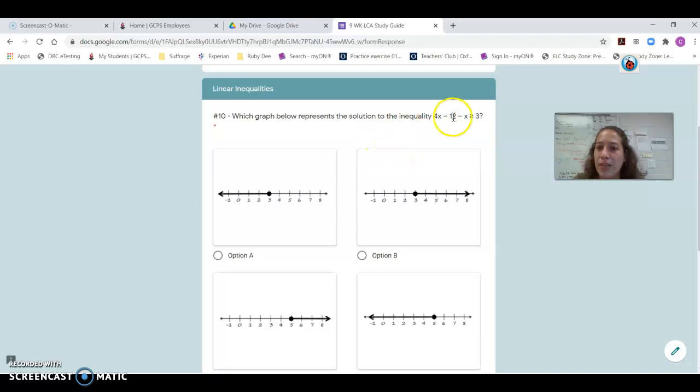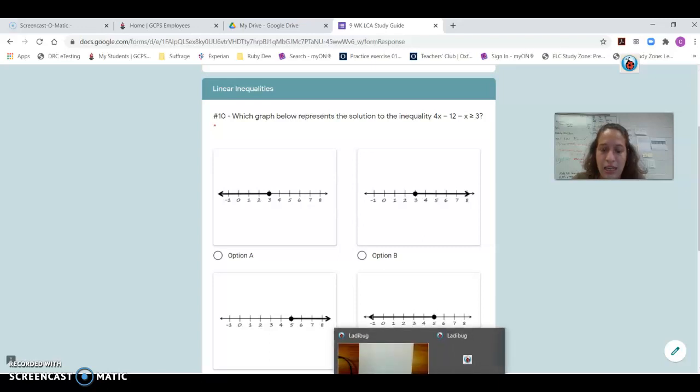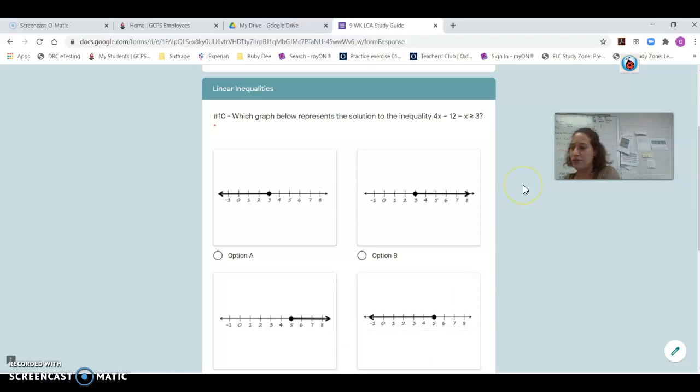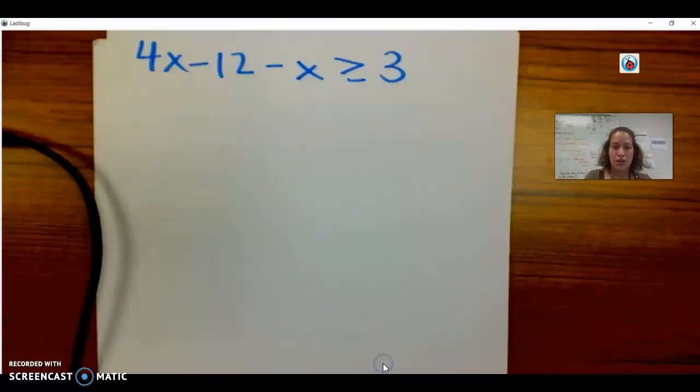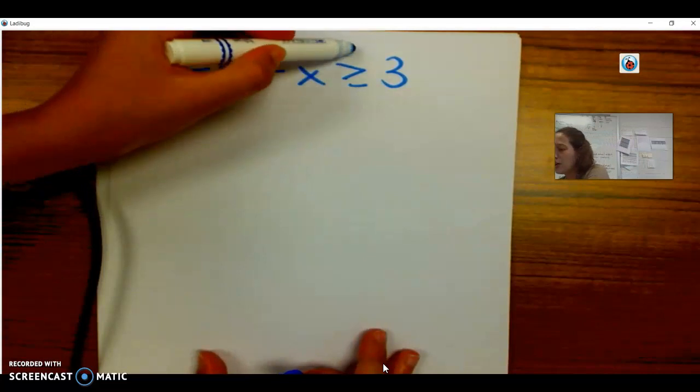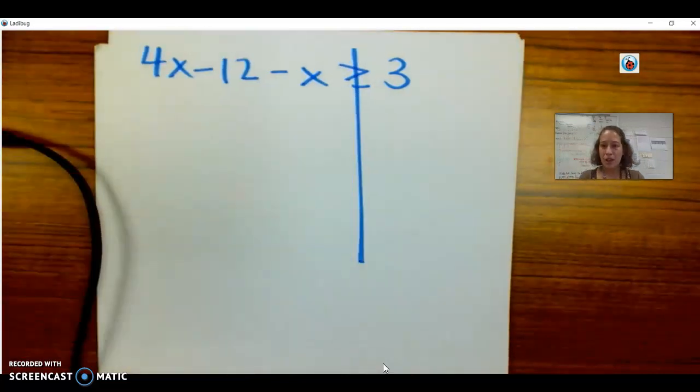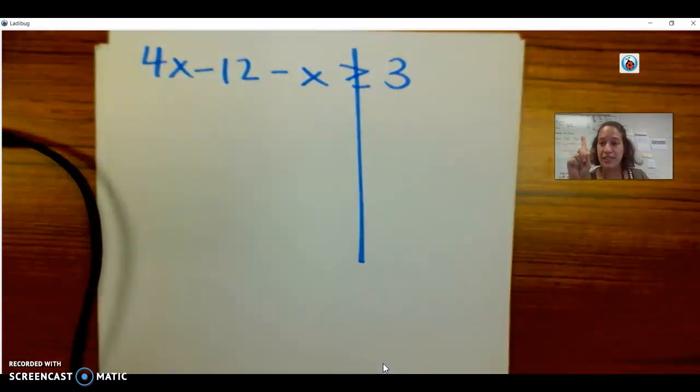Then we talked about inequalities. When we're solving an inequality, we do it just like an equation. We solved for x. Let me just review this one real quick: 4x minus 12 minus x. Look up here, guys. When we're solving this, it's just like an equation. Step 1 is to look for parentheses.